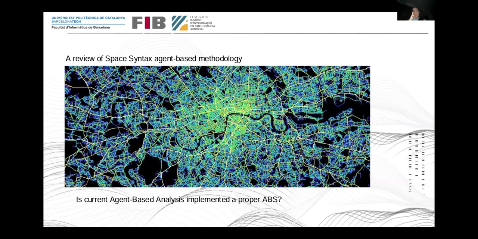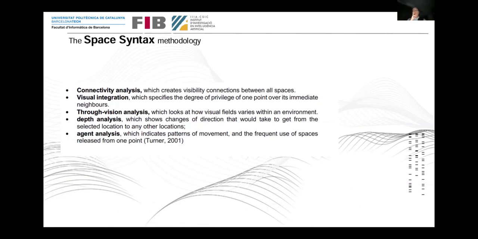That was not currently happening in DepthMap. So from that question, whether the agent analysis implemented was a proper agent-based system or framework, came the whole review of the methodology, the types of analysis that were available so far.